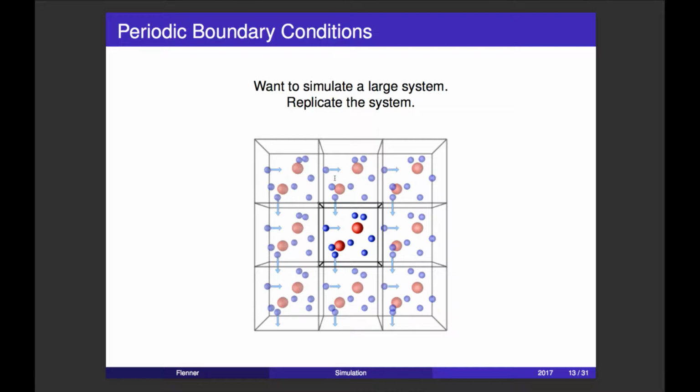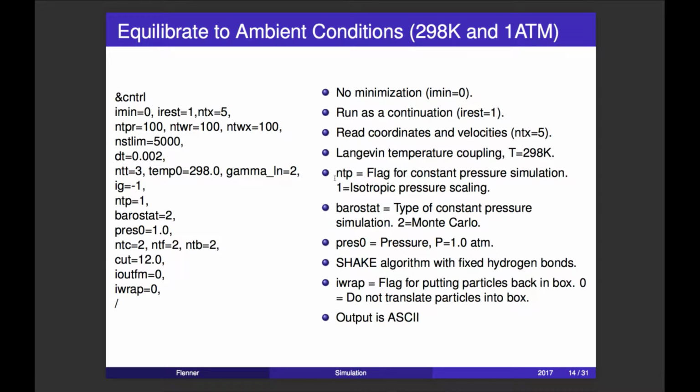Sometimes that'll be important also, but it'll change the size of the box, and that changes the density and the pressure. So the isotropic means that it changes each side of the box, x, y, and z, by the same amount. Since we have a fluid, that's a good way to do it. Sometimes you may want to try and change different sides or have one side fixed.